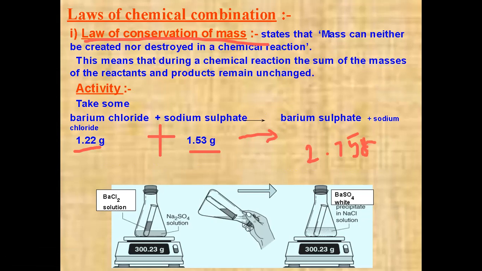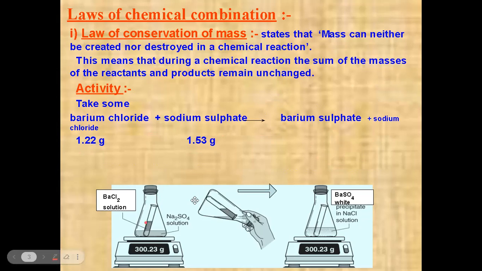Okay, so this will be the answer. And when you split this, it will be same as these both. So this is what law of conservation of mass states: that mass can neither be created nor destroyed in a chemical reaction. So that means in a chemical reaction, the sum of masses of the reactants and the products remain unchanged.